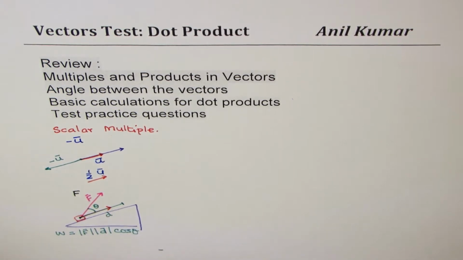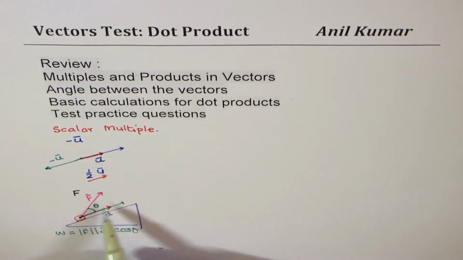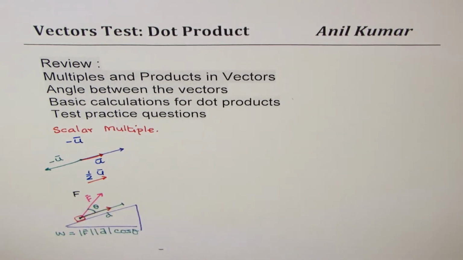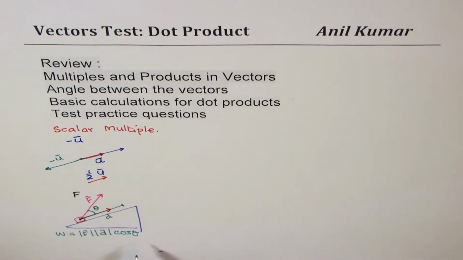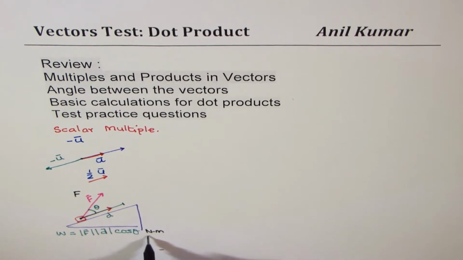The same force being applied to move an object along a ramp gives you this as the work done. Newton meter could be the unit, or joules could be the unit.